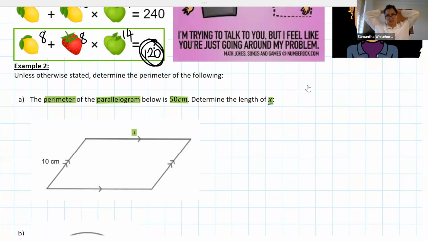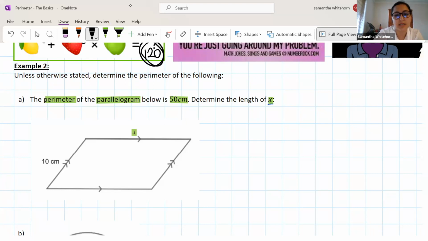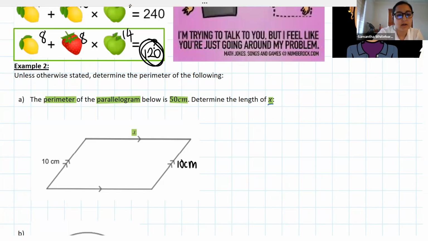Nice, Lubanzi. Exactly, guys. They are equal to each other. Now, that's obviously a helpful bit of information for us because we then know that this side is 10 and this opposite side is X. So we have enough information to go and work out the value of X. So let's give it a try. I want to know what X is, please.